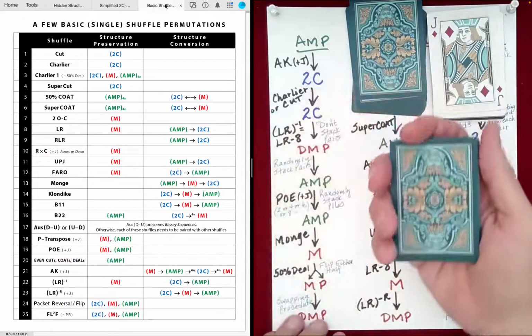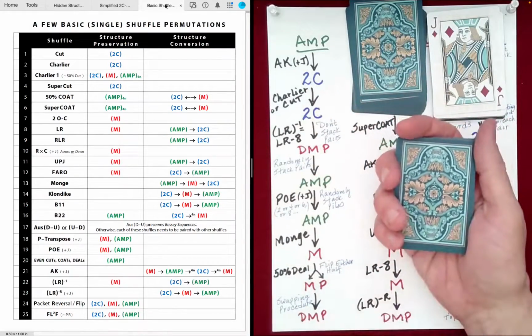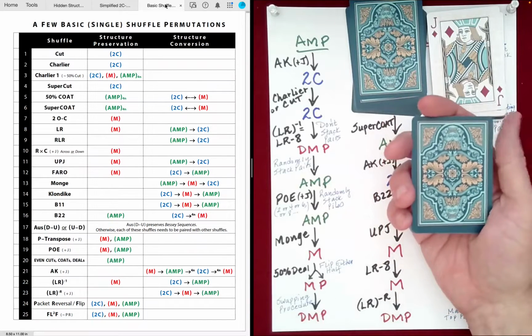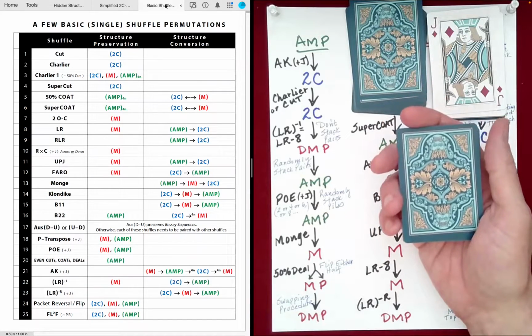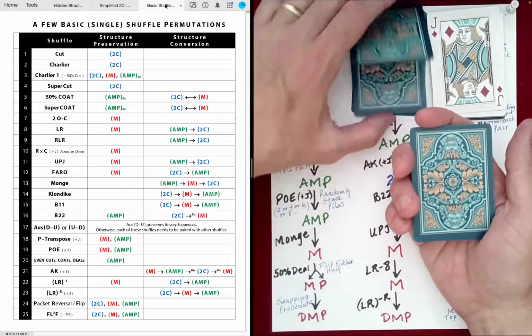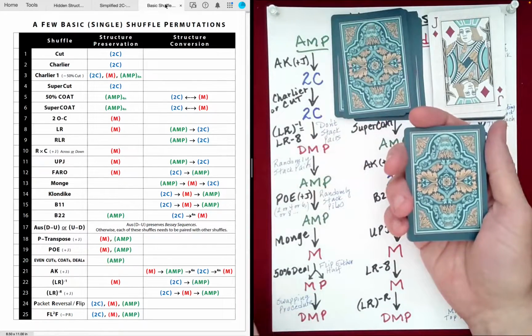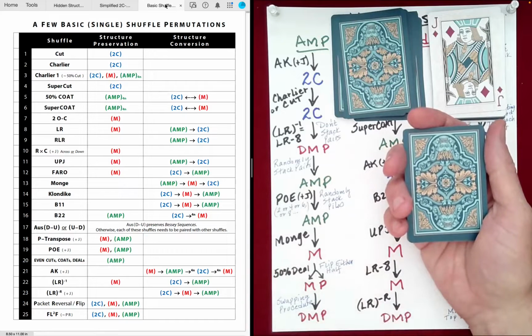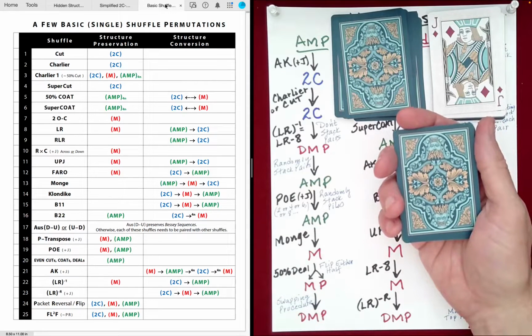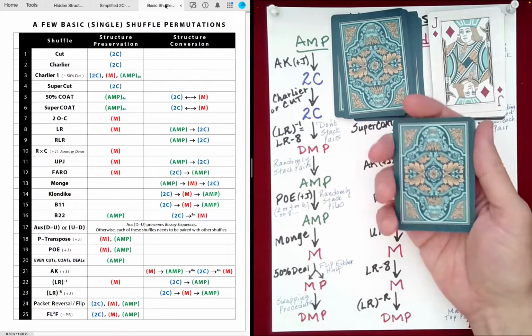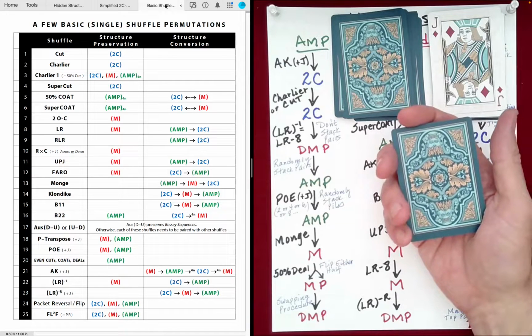Okay? We are guaranteed to now have a mirrored packet. And once it's mirrored, you can do LR shuffles. Now here, because of 16's divisors, we could left-right deal into 2 piles, 4 piles, or 8 piles with random stacking from left to right.